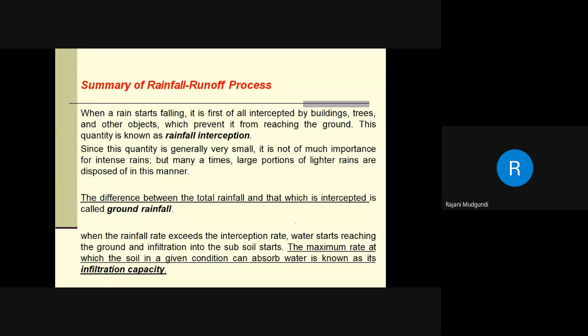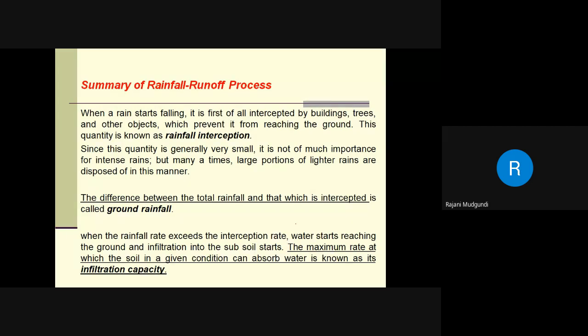Since the quantity is generally very small, it is not of much importance for intense storms. But in case of lighter showers or lighter rains, a large portion of that will be disposed of in the interception loss itself. The difference between the total rainfall and that which is intercepted is called ground rainfall, or the effective rainfall which is reaching the ground.